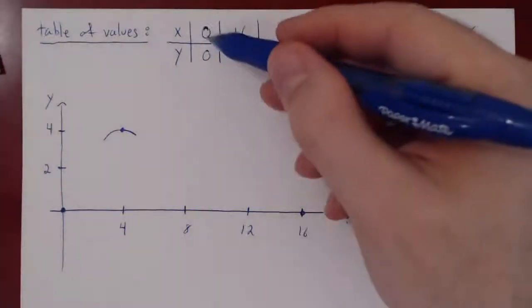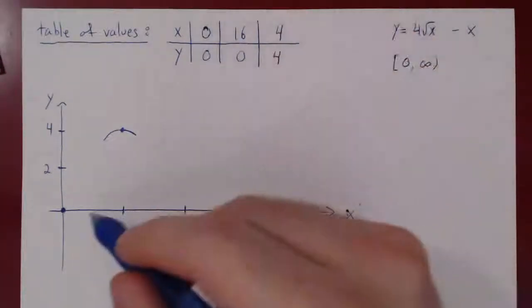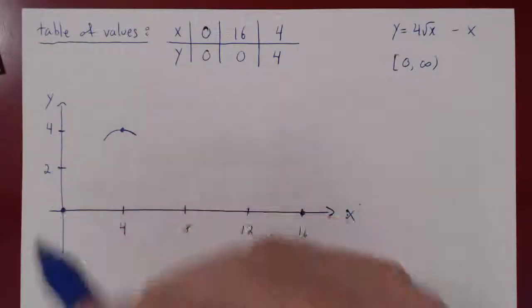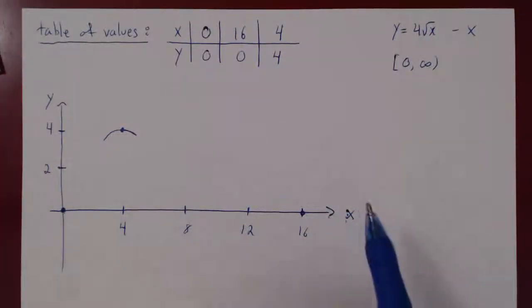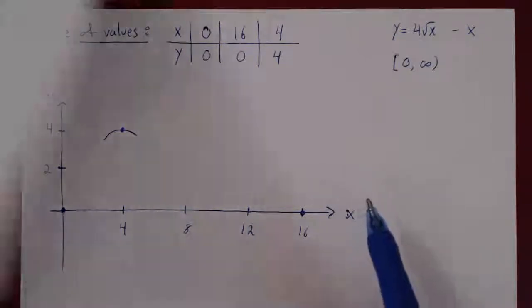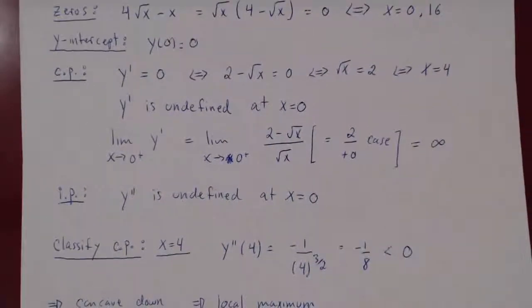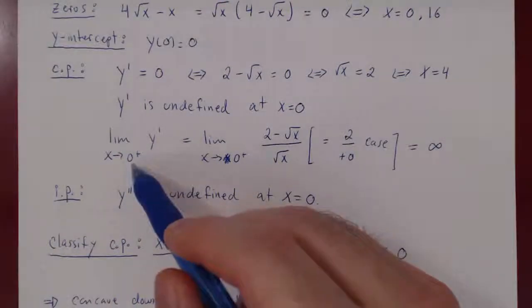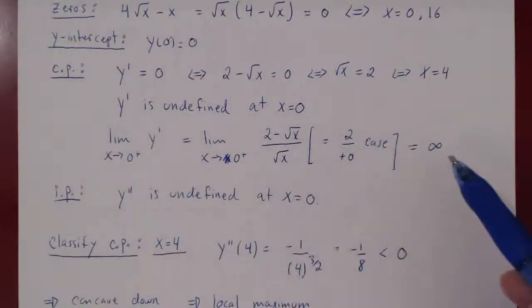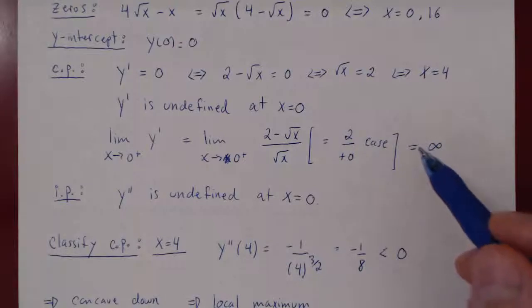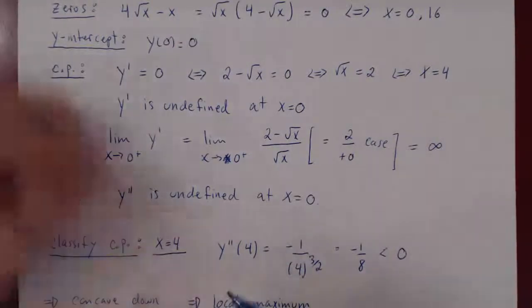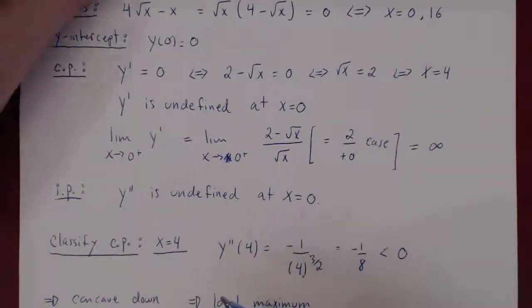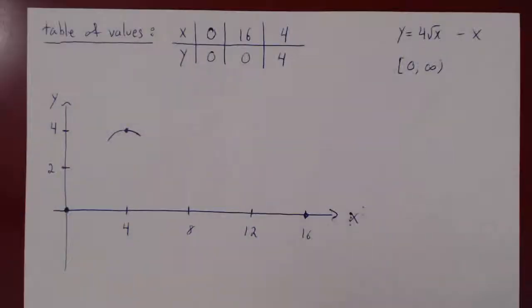The point 0, 0, if you remember, was obviously the 0 of the function, the y-intercept, but more importantly, it was a point where the derivative blew up, right? If you remember, as we approach 0 from the right, the derivative approaches infinity, therefore the tangent line becomes steeper and steeper, so the curve will be getting nearly vertical as we approach 0.